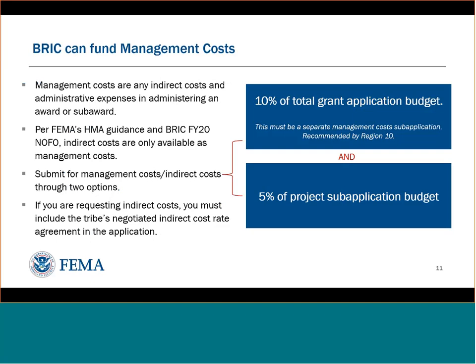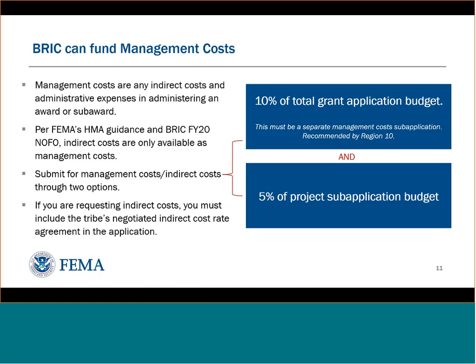Another way is that you can take 10% or less of the cost of your total application, so that would be all of your sub-applications, and make another sub-application for which the budget is that amount. And you can do both.